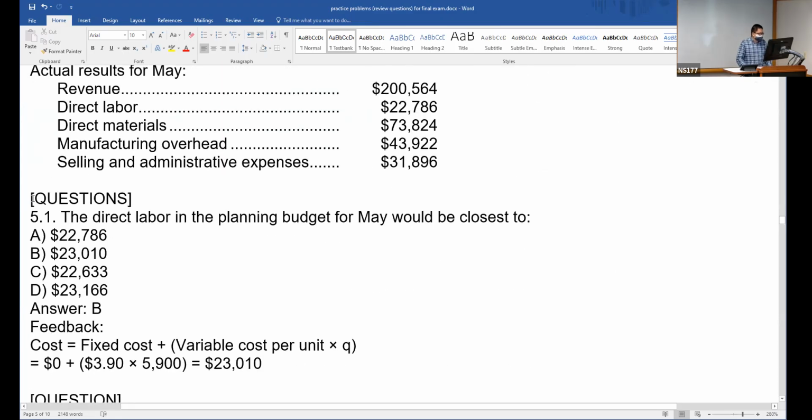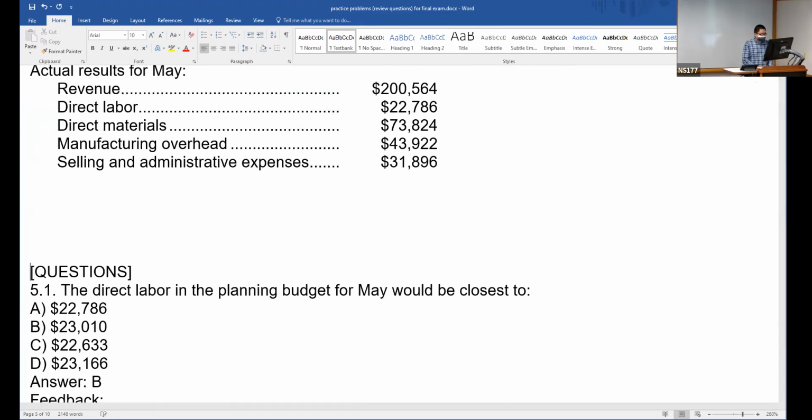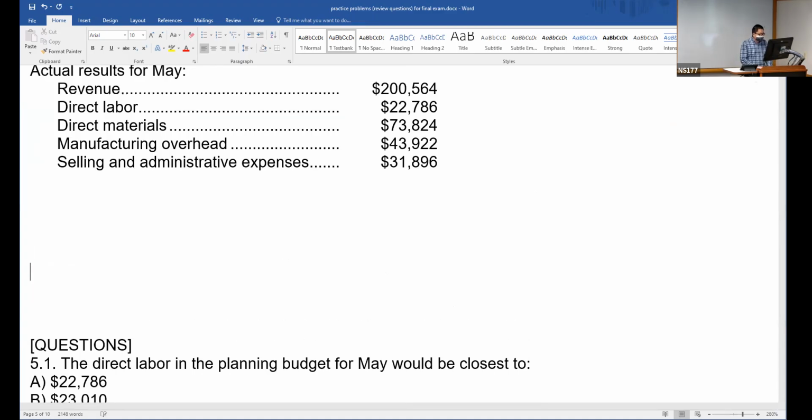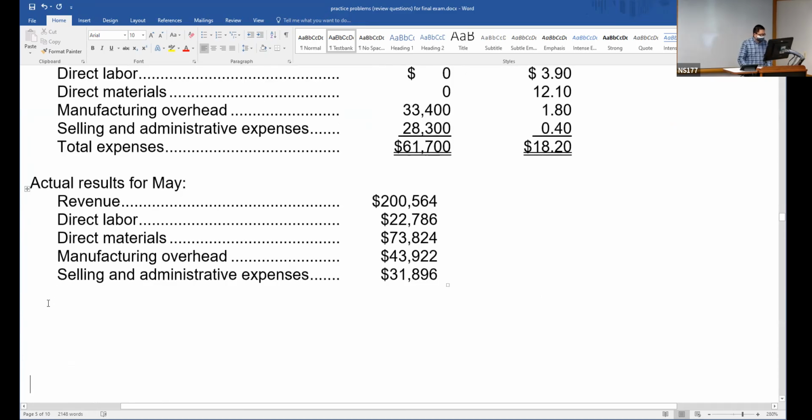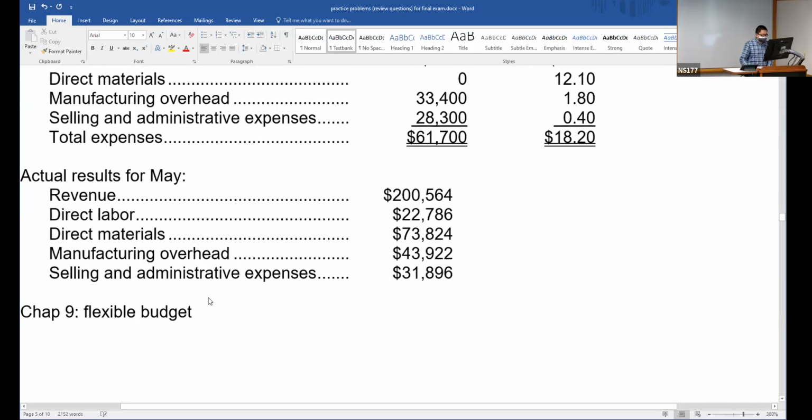Before talking about this question, let me review a little bit. In chapter 9, we called this the flexible budget. Why do we want a flexible budget?